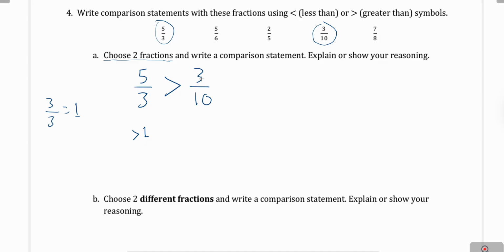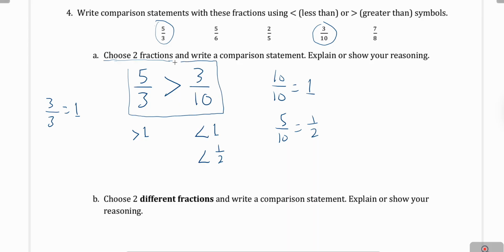I know that 3/10 is less than 1/2 because I know that 10/10 is 1. As a matter of fact, this fraction is less than 1/2 because I know that 5/10 is 1/2. So this fraction is definitely bigger. So 5/3 is definitely bigger than 3/10.